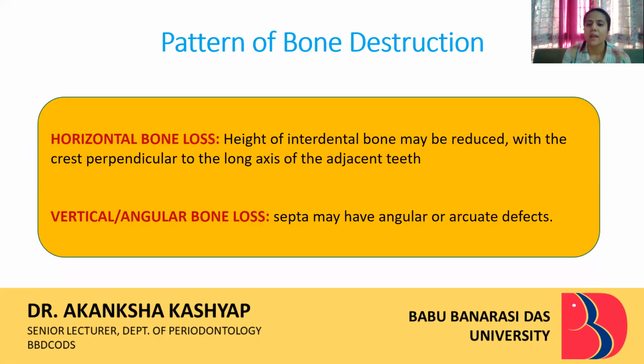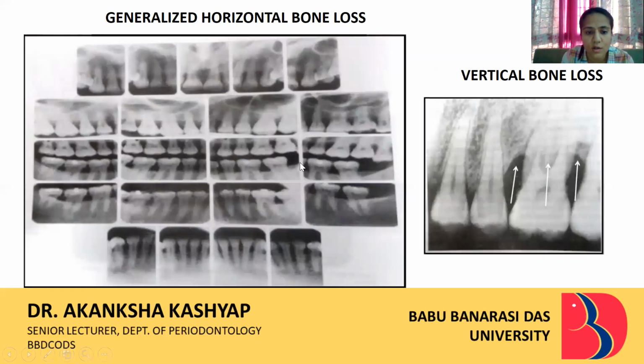Now coming on to the pattern of bone destruction. There are basically two patterns: firstly horizontal, and then vertical or angular bone loss. In horizontal bone loss, you can see here that the height of the bone is reduced, and the long axis of the tooth is perpendicular to the crest of the interdental bone.